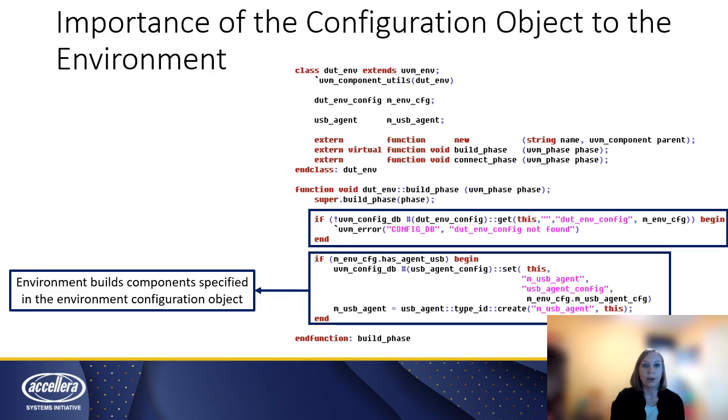The UVM environment also gets the environment configuration from the UVM config DB and uses it to determine what agents, scoreboards, and coverage classes to create and connect. These examples demonstrate the importance of configuration objects in the overall structure of a UVM-based test bench, as well as to its dynamic configuration. The UVM test uses these configuration objects to configure and convey information to the UVM sequences and UVM environment and beyond.